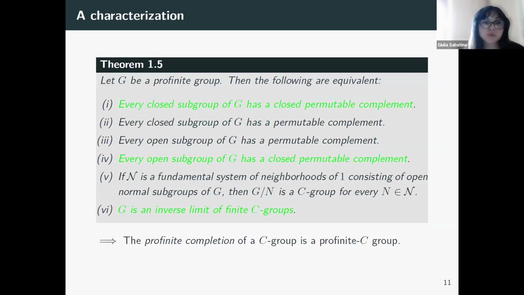In particular, from point 6 it follows that the profinite completion of a C group is a profinite C group. This is because the profinite completion of a C group is an inverse limit of finite C groups. So point 6 allows us to say that it is a profinite C group, even if the converse is not true because of a matter of cardinality.